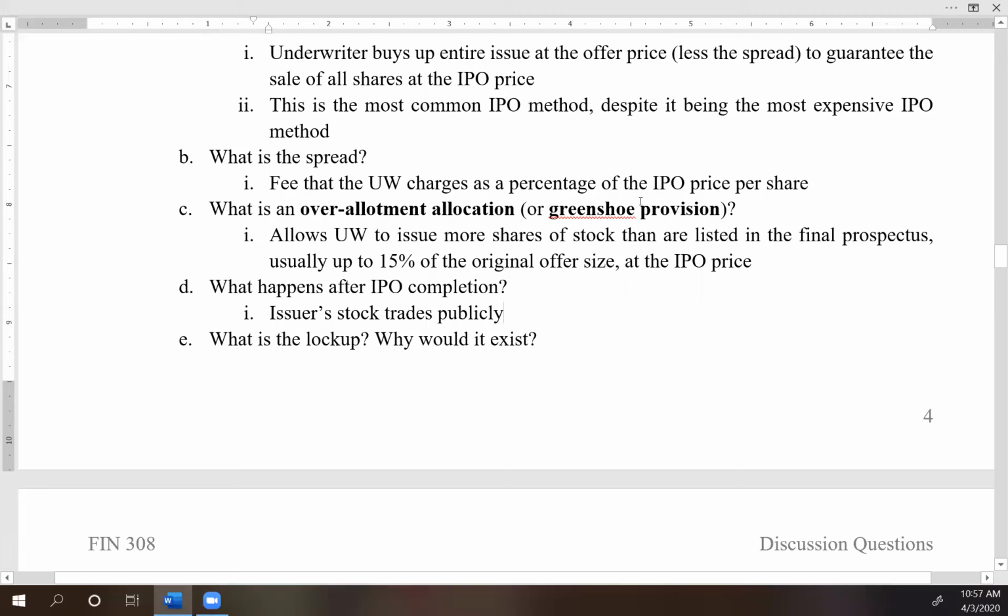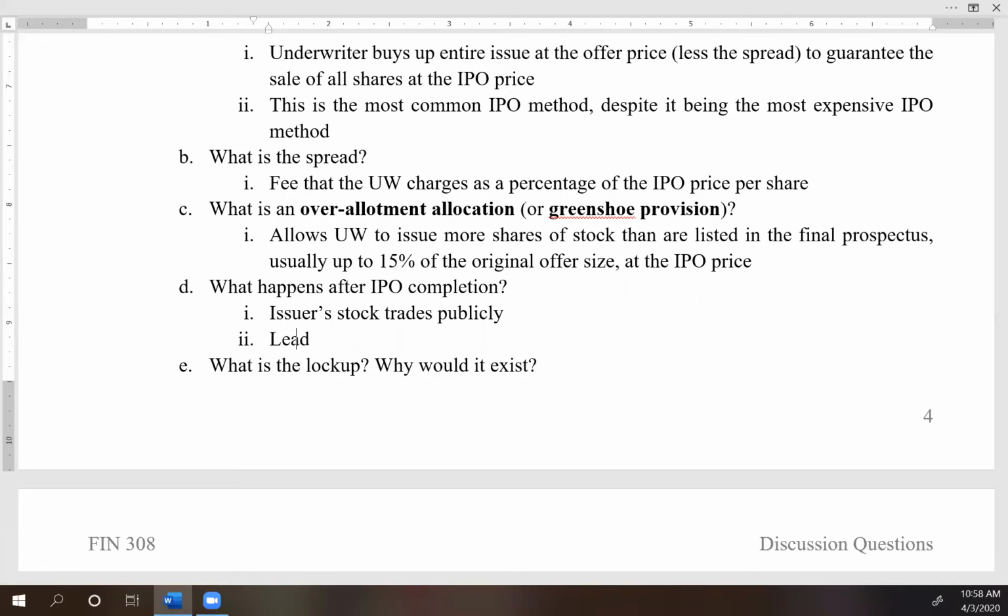Once those shares are in the hands of financial institutions, they can trade them freely in public markets. The lead underwriter ensures that there's a market for the stock, matching buyers and sellers together to ensure that the stock is liquid.